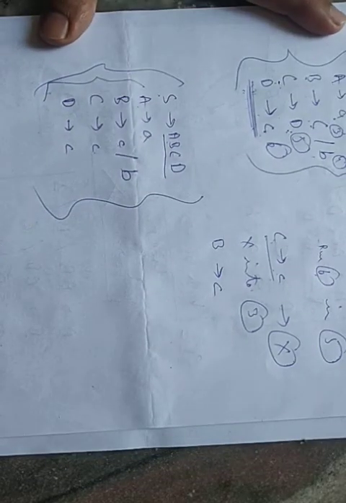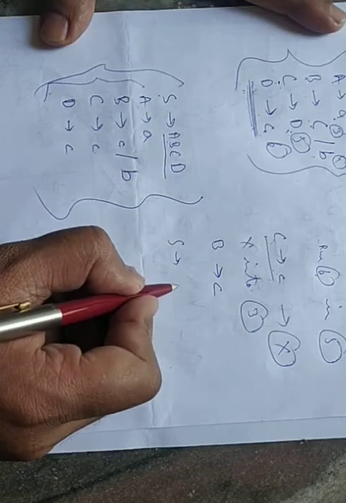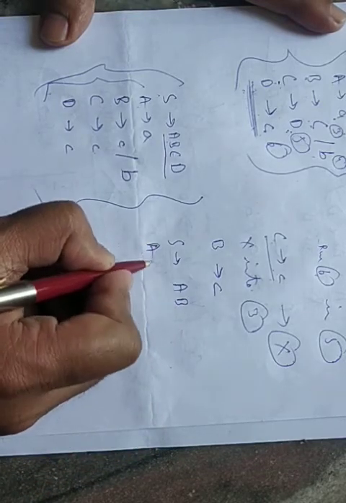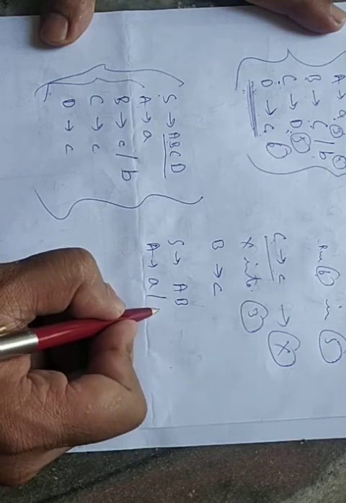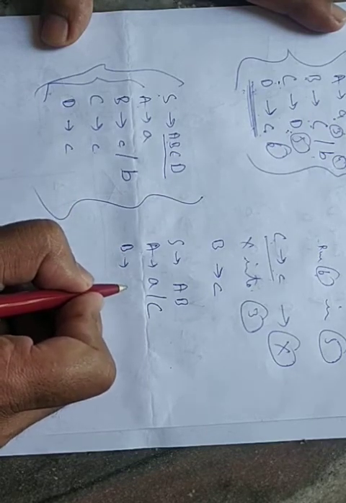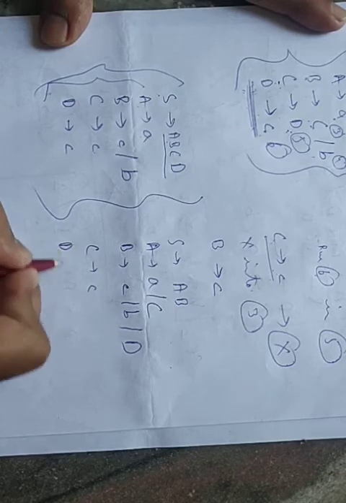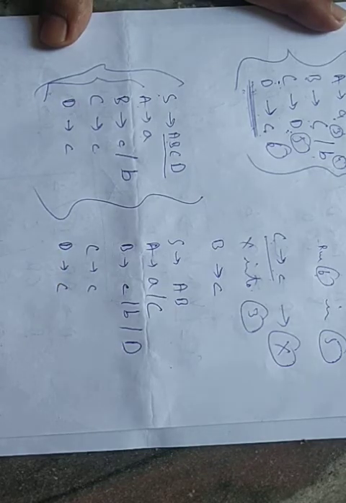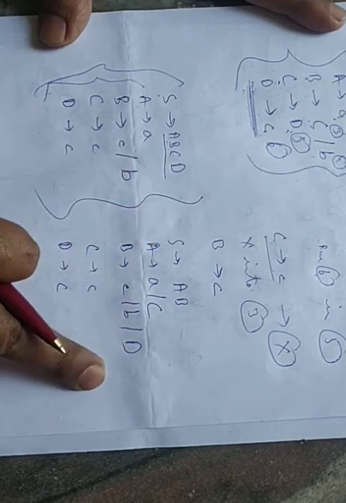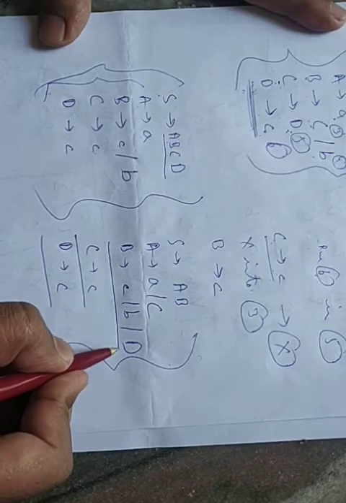But suppose you had something like S produces AB, and A produces A slash C, B produces C slash B slash D, C produces C, D produces C. Suppose you had this one, which says that at the start S is producing AB, A to C, B to D, so I can reach all of A, B, C, D. But once I remove unit production from it, what will happen?